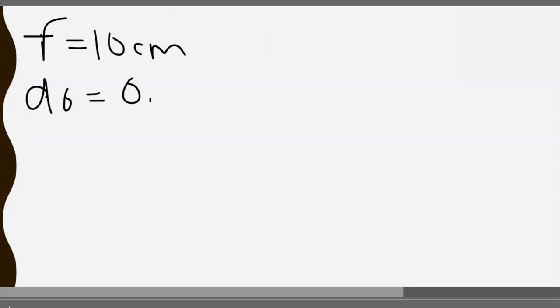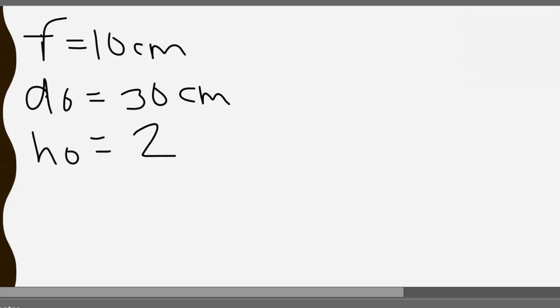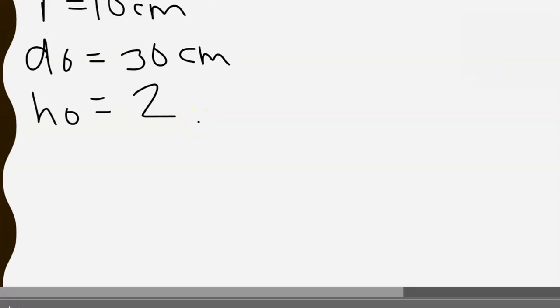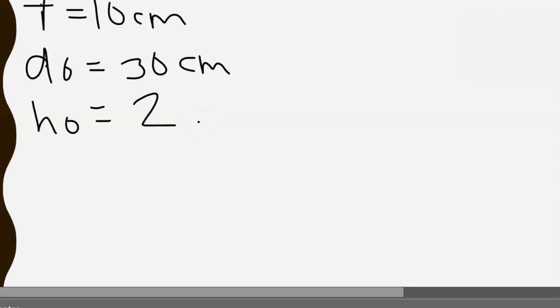Let me keep it in centimeters. And the height of the object was 2. And so we want to find HI, height of image, and DI, distance of image.